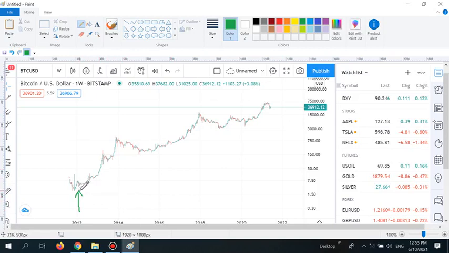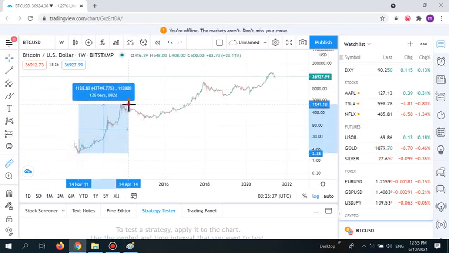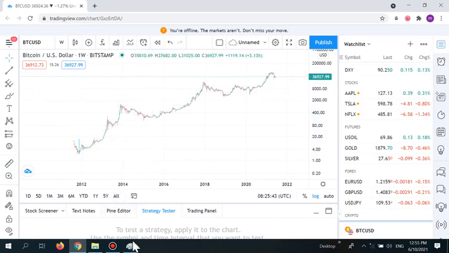Imagine you buy here, you wait or hold until here, you are in a very remarkable profit. And if you want to calculate it, we use the measure tool here and drag it. You see this percentage is very attractive, but you don't sell here.